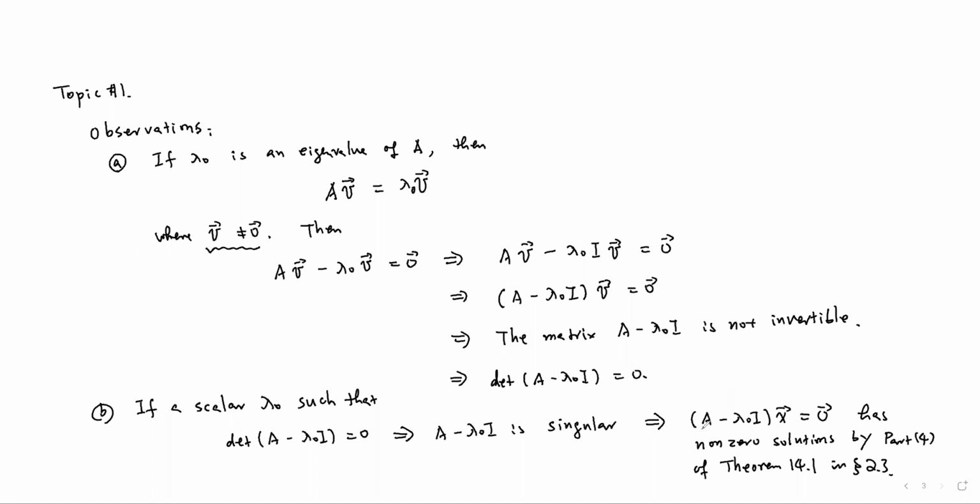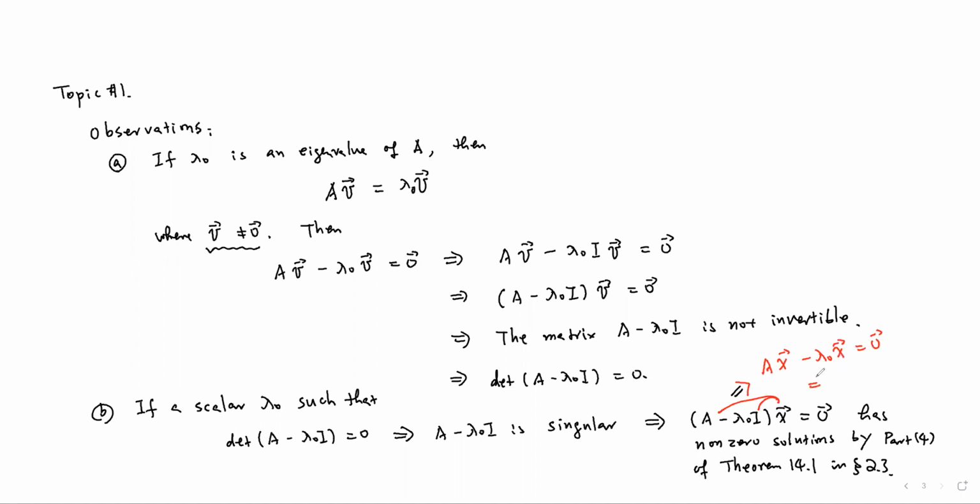Now, when this equation has a non-zero solution, let me multiply out this product. Then we have this. X is non-zero.